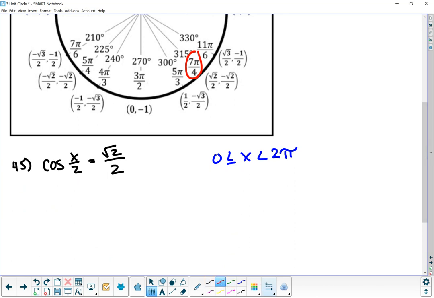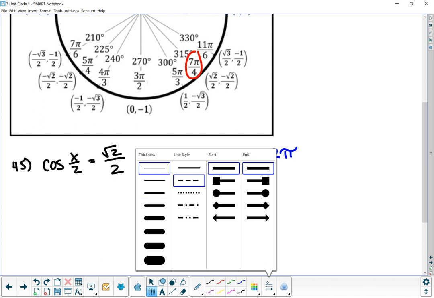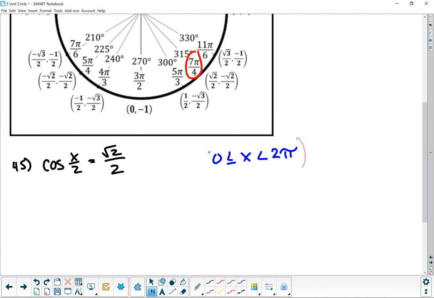So by doing this, to get an x over 2, I would need to multiply my domain by x over 2, which is now going to change what I'm looking at to 0 less than x over 2, and 2 pi divided by 2 is going to be just pi.